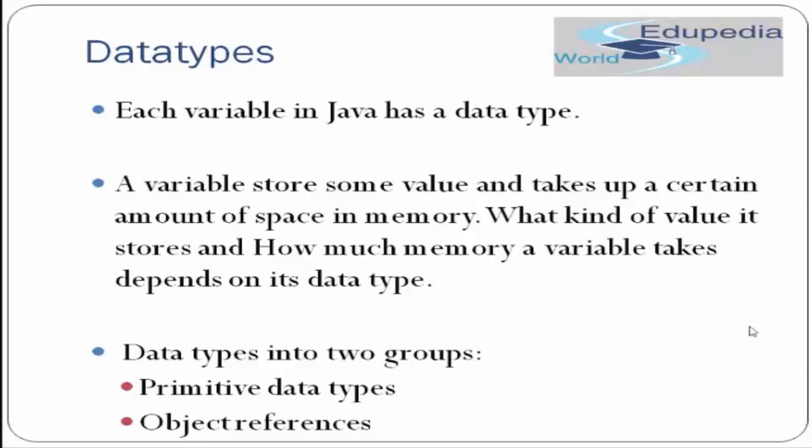So a data type determines what kind of value this variable can store and how much space it will take up. Data types are divided into two groups: one is primitive data type and the other is object reference. Let's see these two data types.